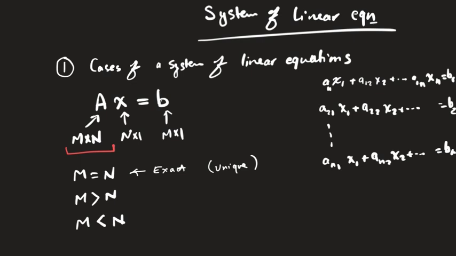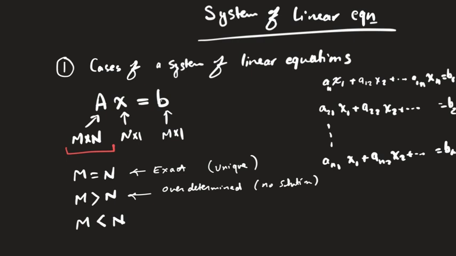The other case, where the number of equations is greater than the number of variables, is called the overdetermined system. And in the general case, there is no solution here, because you have more requirements than the number of variables, and in the general sense it becomes impossible to find a set of values for the variables that satisfies all the requirements, right?